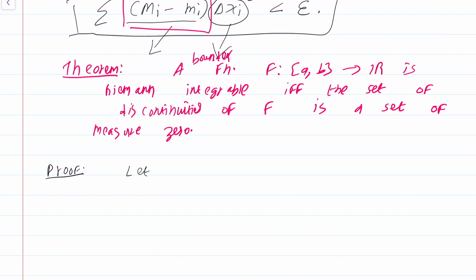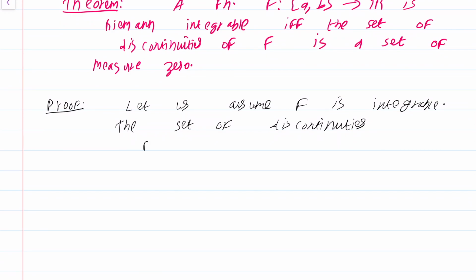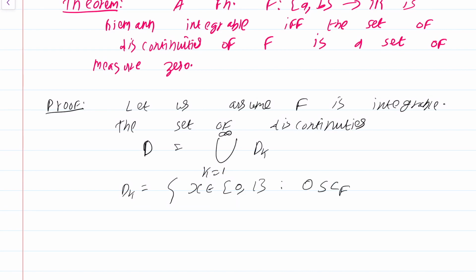So let us assume f is integrable. The set of discontinuities, let's call it D, you can break it up, as we have done before, as the union of Dk, k running from 1 to infinity, where Dk is just the collection of x in [a,b] such that the oscillation of f at x is greater than or equal to 1 by k.